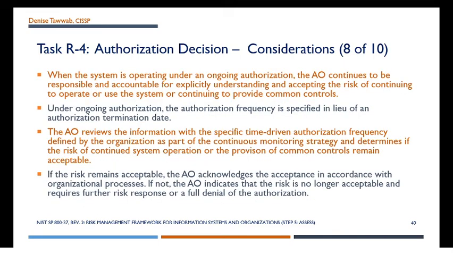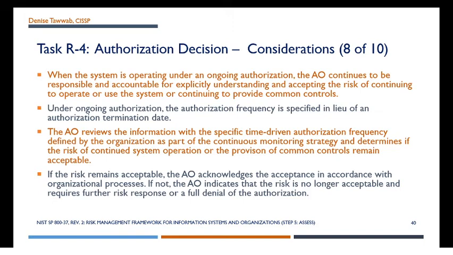When the system is operating under an ongoing authorization, the authorizing official continues to be responsible and accountable for explicitly understanding and accepting the risk of continuing to operate or use the system, or continuing to provide common controls. All right, under ongoing authorization, the authorization frequency is specified in lieu of an authorization termination date.